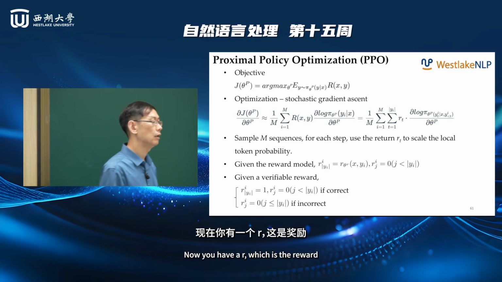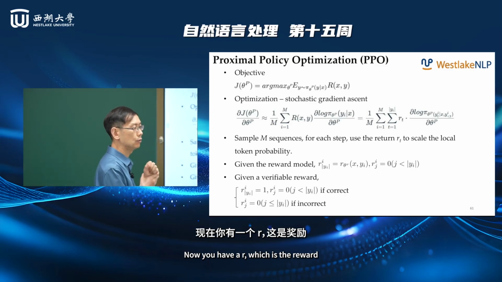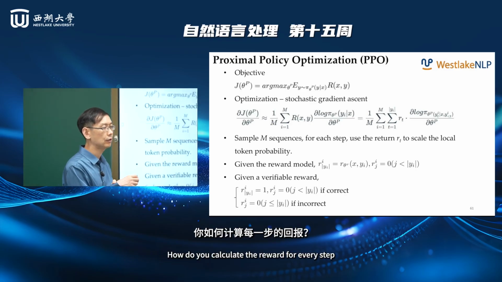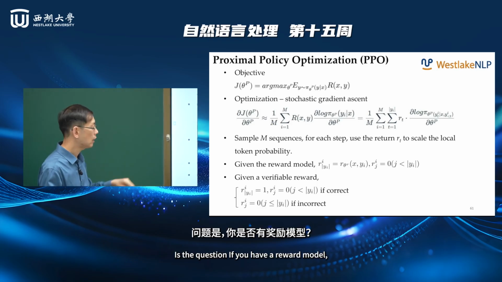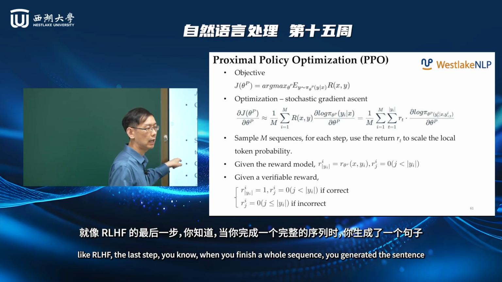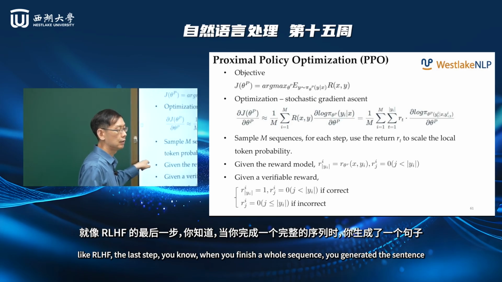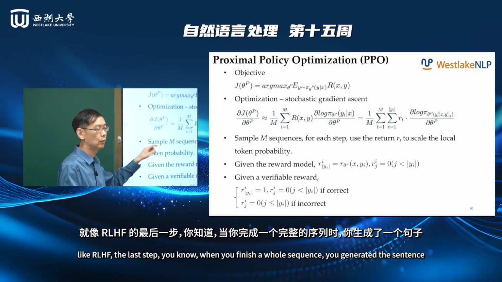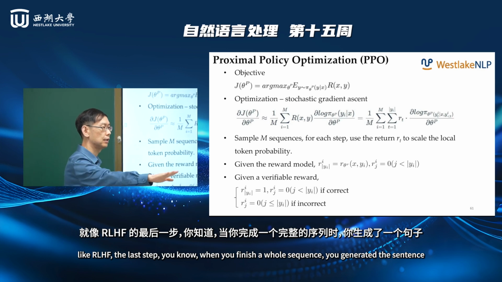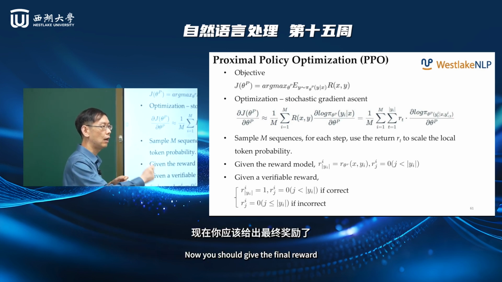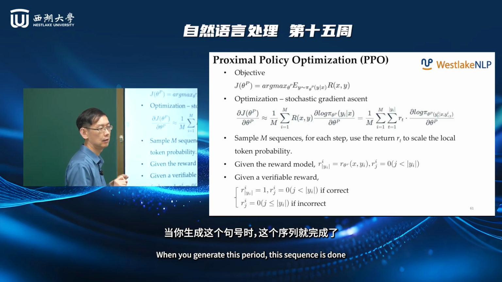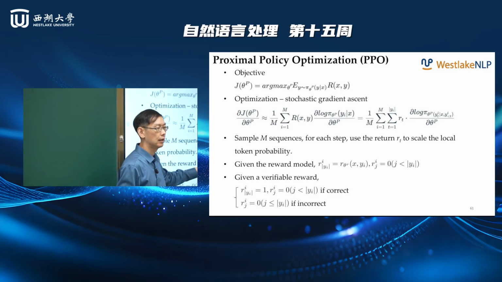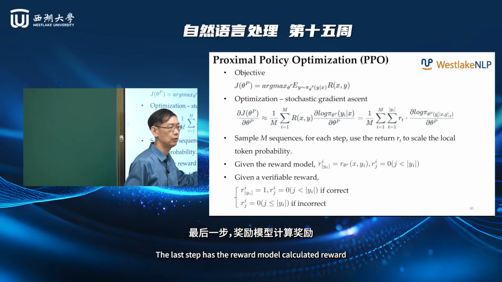Now you have an R, which is the reward. How do you calculate the reward for every step is the question. If you have a reward model, like RLHF, the last step, when you finish the whole sequence, you generated a sentence, for example, "you should give up serving." When you generate this period, this sequence is done. The last step has the reward model calculated reward.